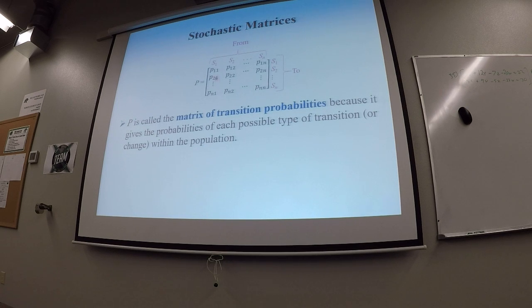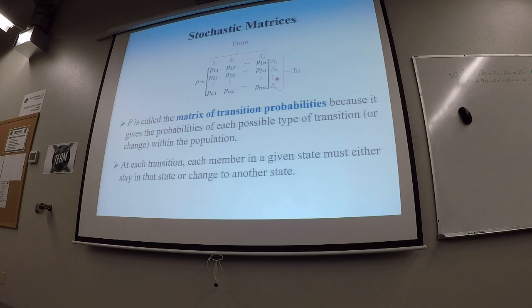What's the likelihood of me going from Ferndale to Mount Vernon? Does that make sense? So it's from some state to some other state. It always is from and to, okay? And you'll notice that this position is you compare to this one to this one.